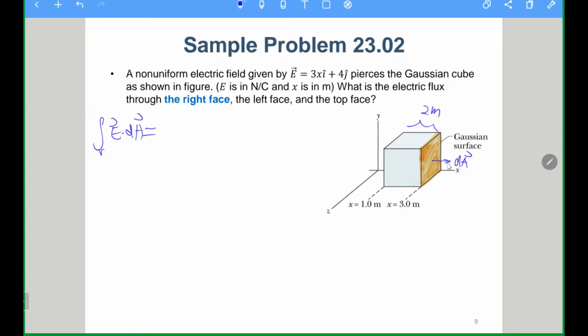So we can write dA. dA is the magnitude, the scalar, the area element, times the direction. This is the positive x-axis, so it should be i hat. We can write dA as dA i hat.